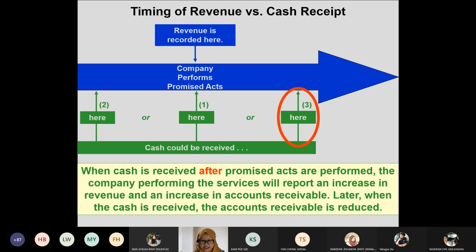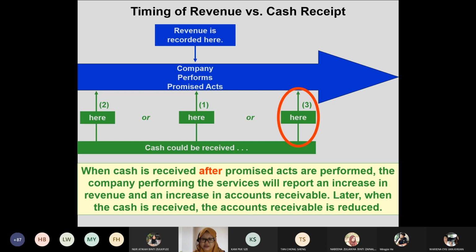So this is in case perhaps you have a regular customer and you know this customer, so you allow the customer to pay perhaps next week or next month. Okay, so in this case, the company will report an increase in revenue because they already performed the haircut.